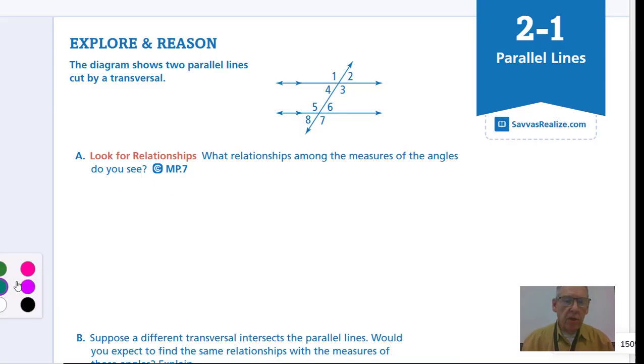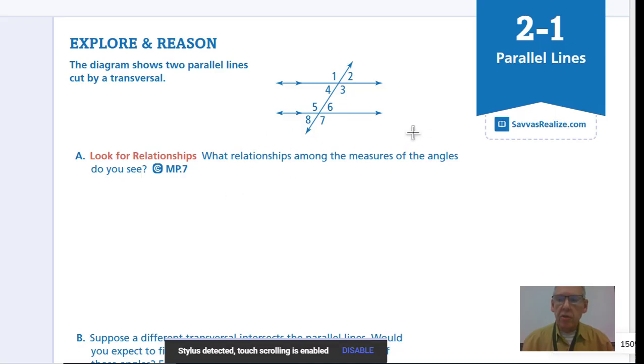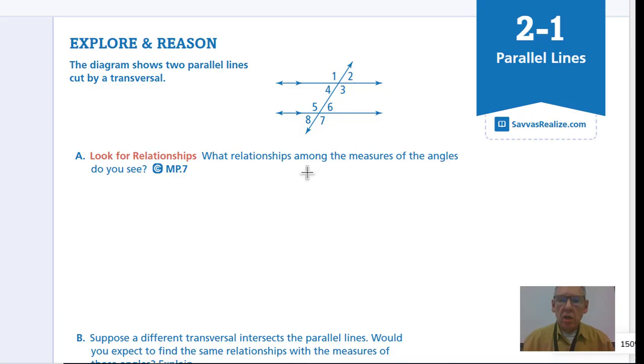But assuming that we don't know that yet, since this is the beginning of the section, let's just look and see what apparent relationships among the measures of the angles you see.